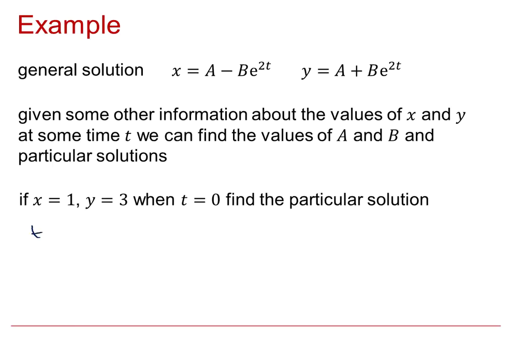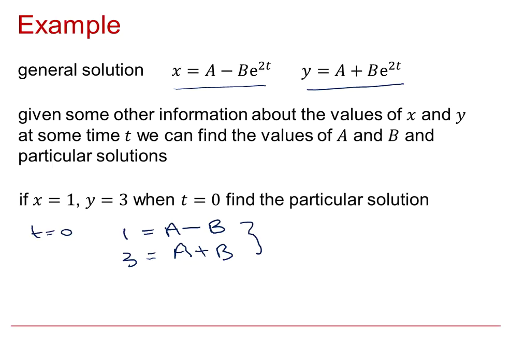So, at t = 0, applying these conditions, we can say that 1 = a - b and 3 = a + b. When we solve those two simultaneous equations, this gives us a = 2 and b = 1. Therefore, the particular solution in this case will be x = 2 - e^(2t) and y = 2 + e^(2t).